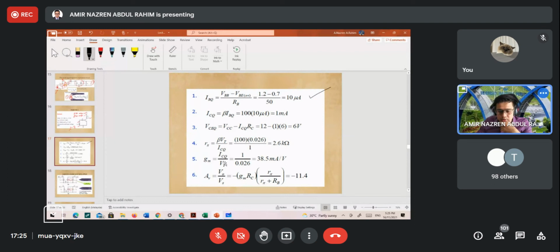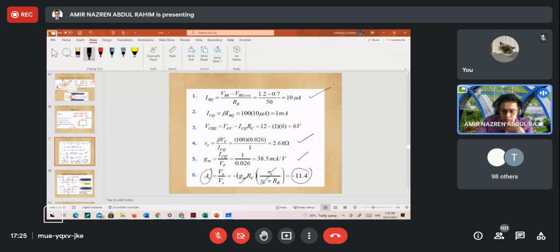Alright. After you got the value of GM and R pi, you can plug in all the values, GM here and R pi over here, and then we can find the value of our gain. Here we got the gain is minus 11.4. Means that the output of our signal is in the inverse direction of our input, but its gain is 11 times.